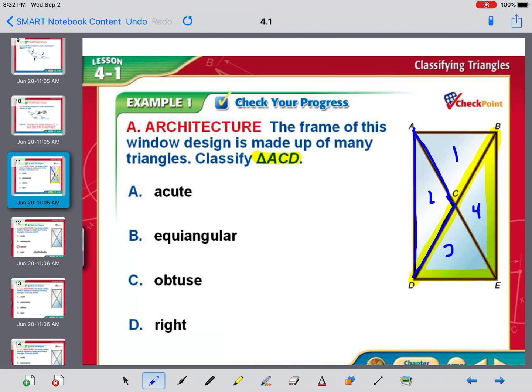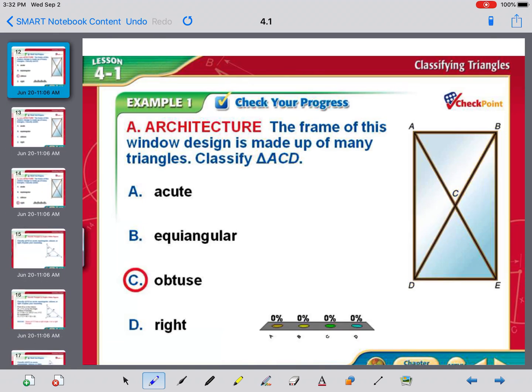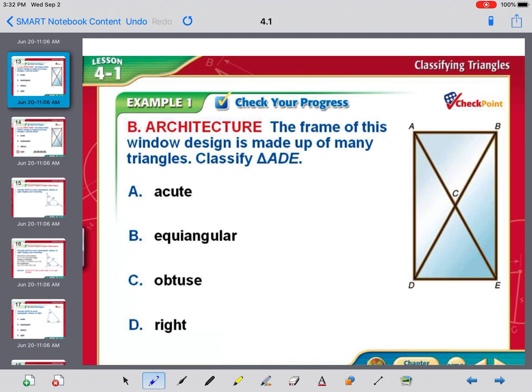Now, that's not anything to do with this specific problem. That's the blue thing that I had outlined. But I want you to see that that's how that works. Sometimes there's more than you see. It's like the bird in the tree. Anyway, when you look at this blue triangle, hopefully you see that this angle right here is greater than 90, meaning the triangle is obtuse.